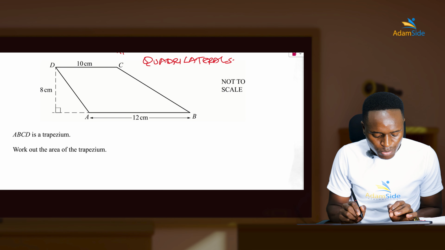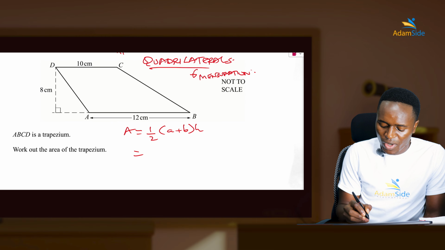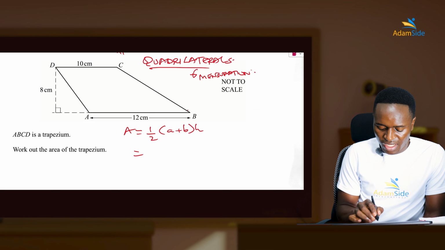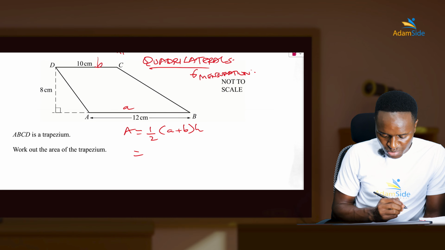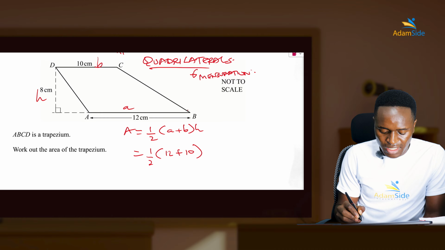Area is a half into A plus B times perpendicular height, where A and B are the distances, the longer one and the shorter one. We have this one, we can call it A, that one B. A is 12, B is 10, and then we have the height as 8 centimeters. So we say a half into 12 plus 10, and then the height is 8 centimeters.